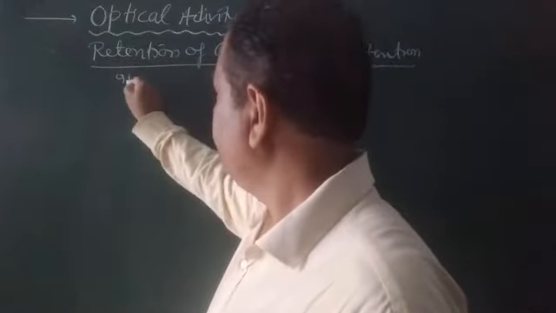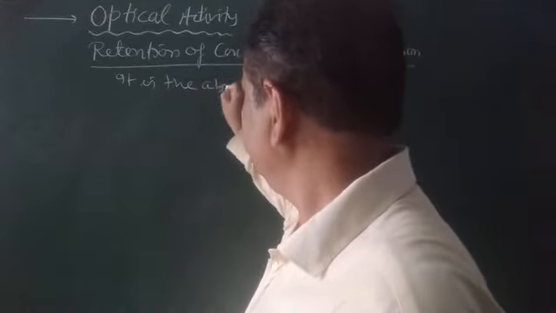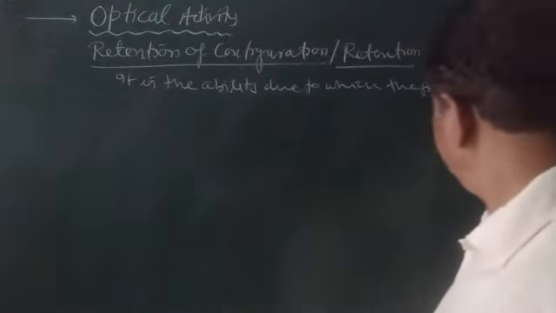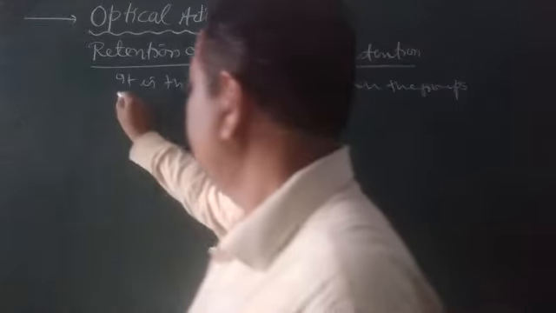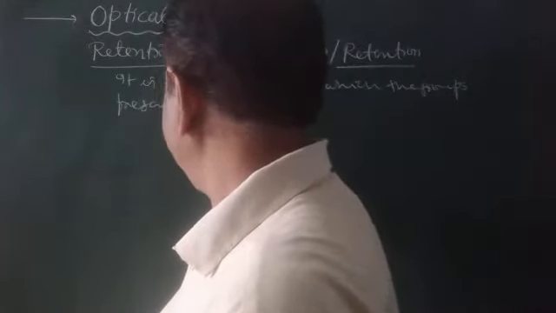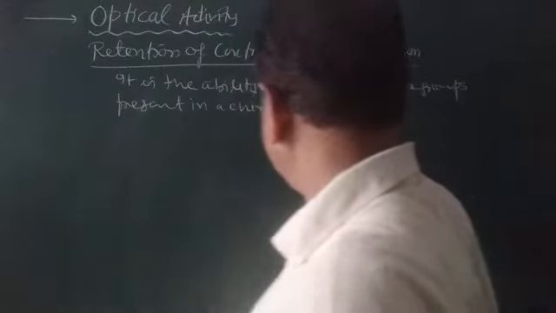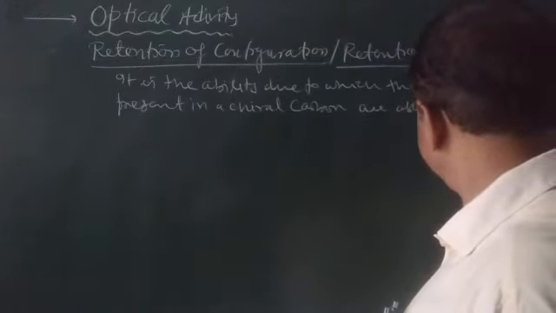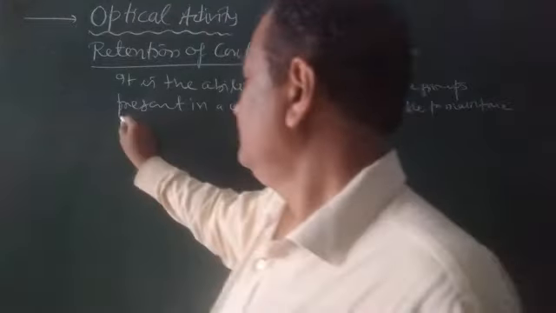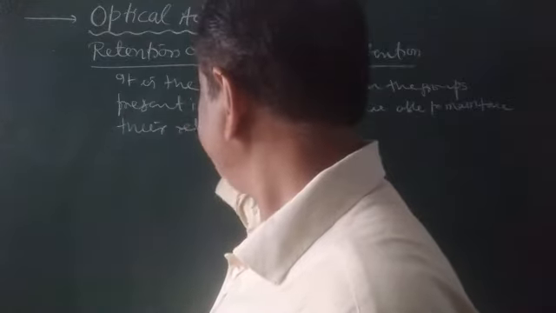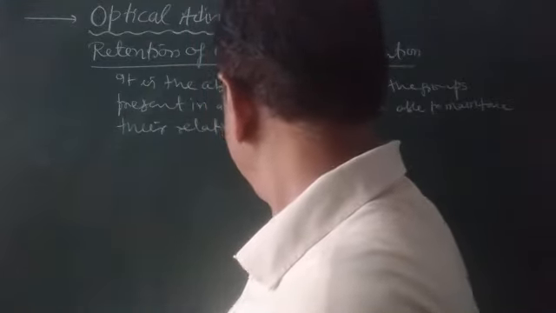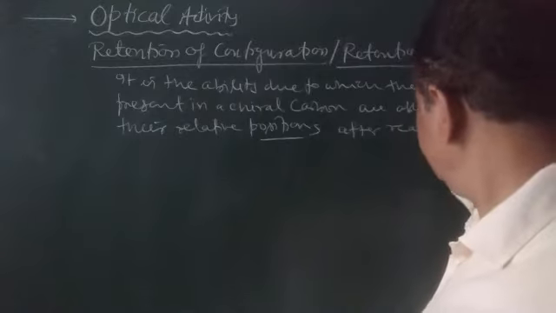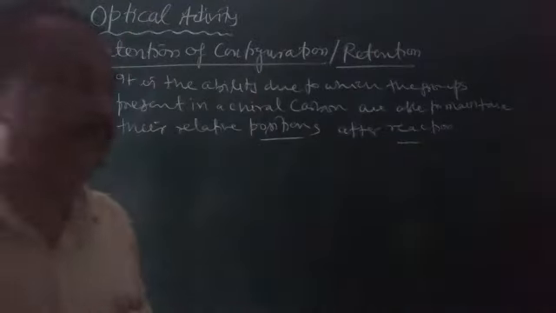Similarly, it is the ability due to which the groups present in a chiral carbon are able to maintain their relative positions after reaction. So the position is maintained to be the same.